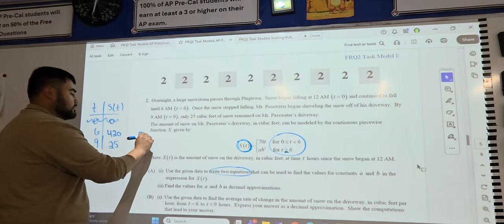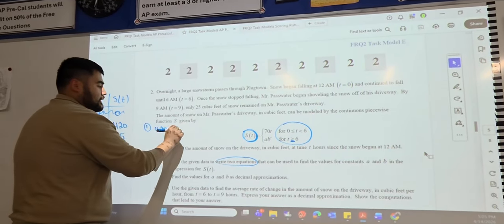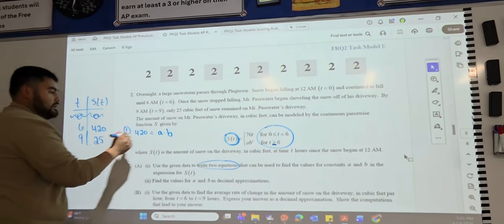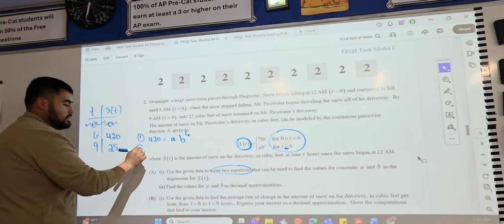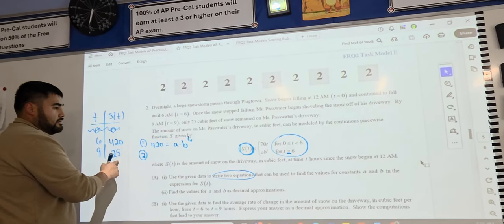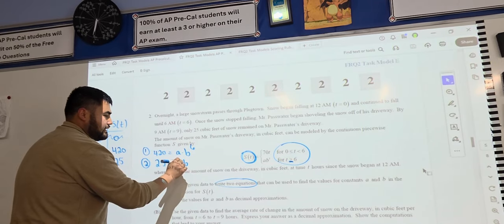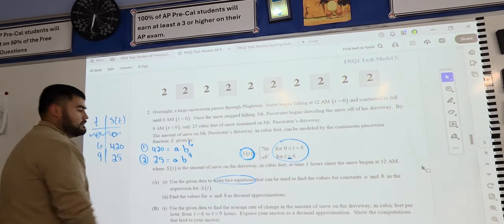So your output is 420 equals A times B to the power of the input, 6. Now the second equation: 25 equals A times B to the power of the input, 9.